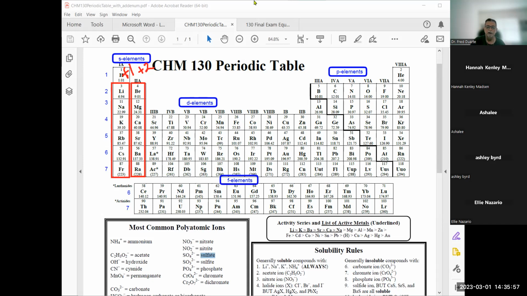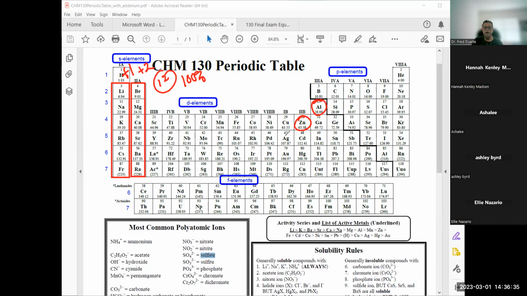Now, if you think about it, we have 1, 2, 3, 4, 5, 6, 7, 8, 9, 10, 11, 12. There's 12 elements that 100% of the time have a known oxidation state when they become ions. Okay, group 1, there's 6 of them with a +1 charge, 6 of them from group 2 with a +2 charge. Now there's 4 more that are constant the whole time. Aluminum, I'm going to circle them.